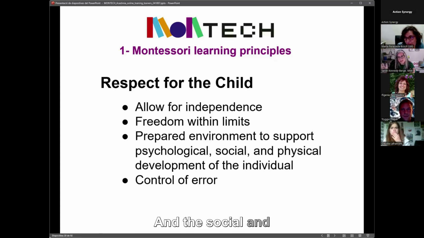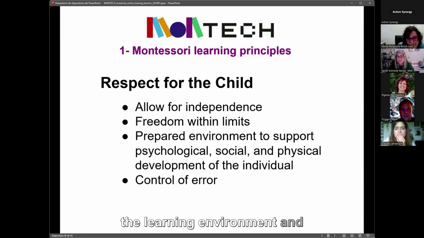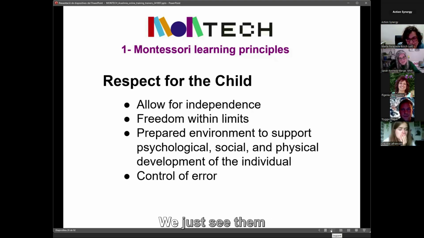And the social and the moral context is so huge for this age group. So it was really important that it had all the elements, and that is exactly what we prepare for in the learning environment. And things that they can find their own mistakes. We learn from our mistakes, and that's a great way of learning, because we won't forget those mistakes. We just see them as a moment to continue to learn.